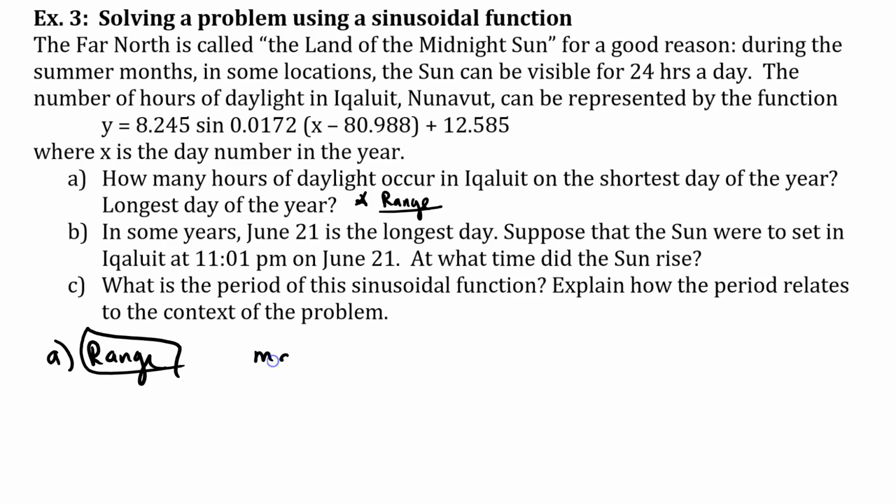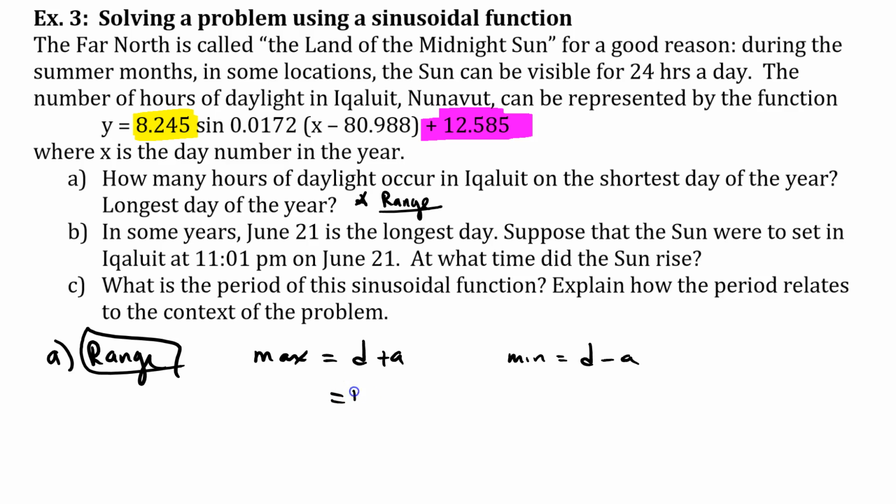So we're talking about our max, which is d plus a, and our min, which is d minus a. So our d in this scenario is going to be 12.585, and the a in this scenario, the amplitude, is going to be 8.245.